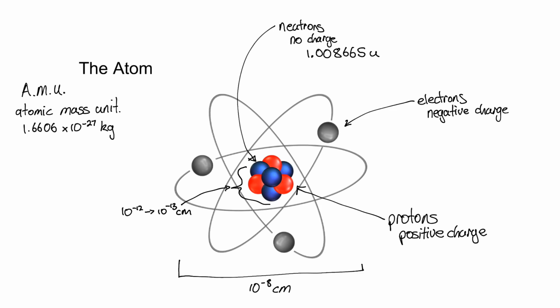A proton has a mass of 1.007277 U. An electron has a mass even lighter than that of the proton and the neutron at 0.005486 atomic mass units. These masses are extremely useful, and we should make sure that we've copied that down and we are prepared to use them in the future.